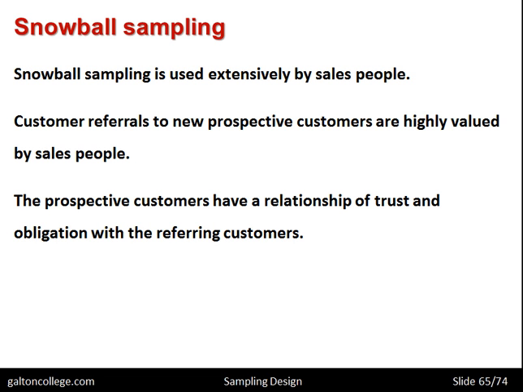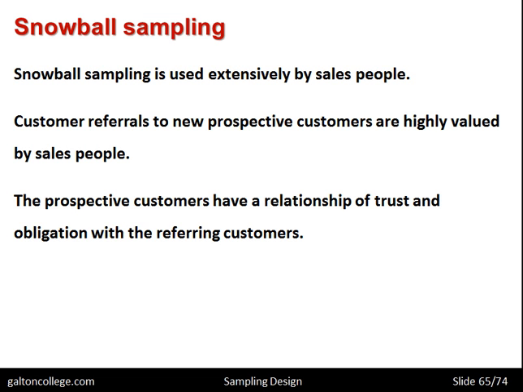The prospective customers have a relationship of trust and obligation with the referring customers. So the prospective customers, the ones further away, have a relationship of trust and loyalty almost with the referring customers.